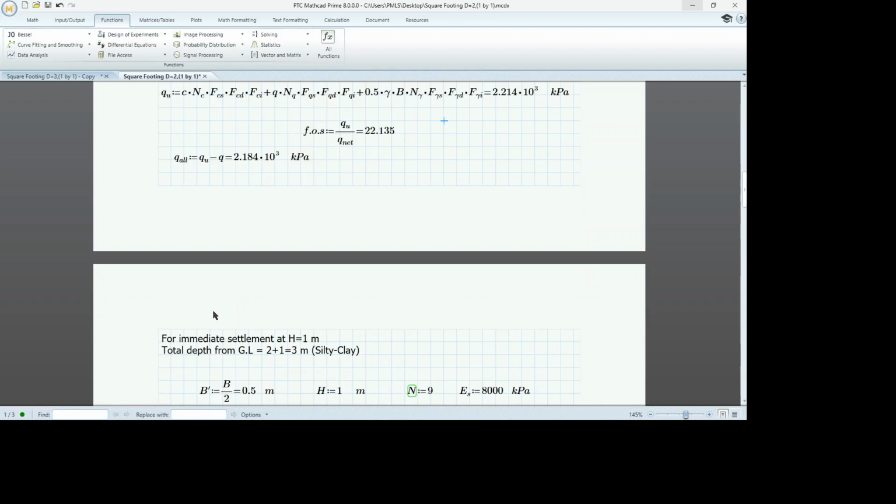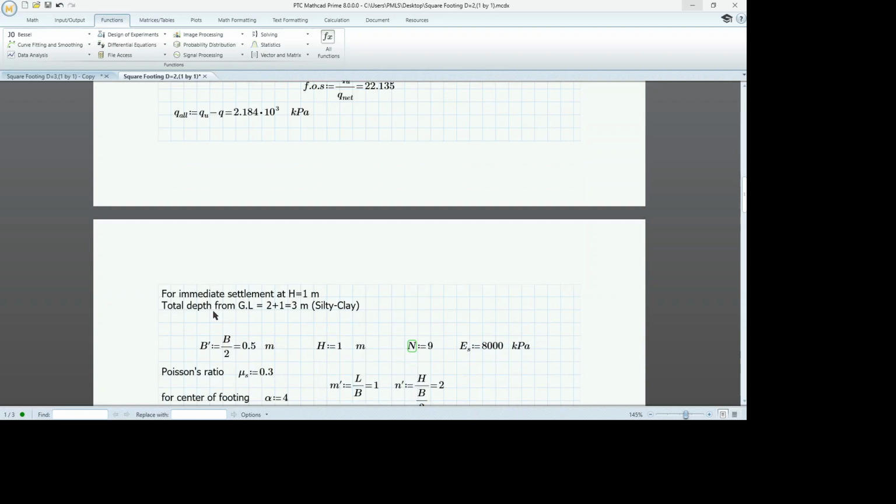Next, to find out the settlement, first of all we need to check the influence zone. Influence zone is equal to 4B or 5B. As we have set B equal to 1 meter, the influence zone becomes 4 meter or 5 meter, meaning you need to go 4 meter or 5 meter below the foundation depth to check the settlement.